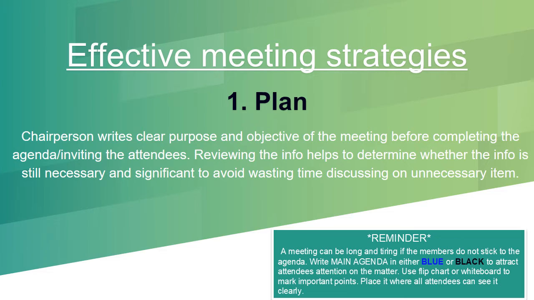Okay, he or she needs to do this before even writing the agenda or inviting the attendees. When we have the information written on a piece of paper, then we can review the information to help determine whether the info is still necessary or significant, so that we can avoid wasting time discussing unnecessary items during the meeting.